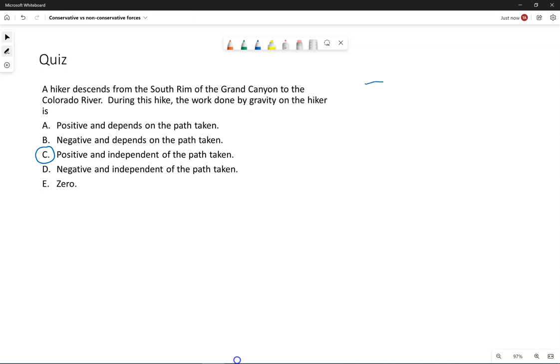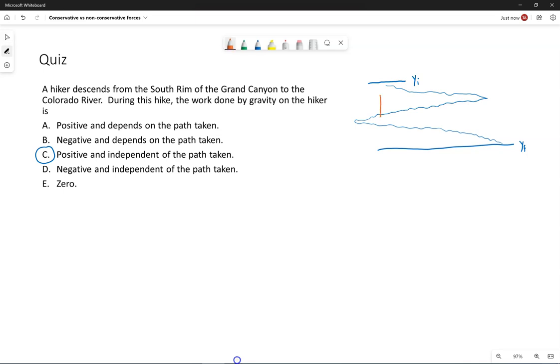So if we imagine the south rim, some initial height, the bottom of the canyon, the river, some final, we know, even if we take a meandering path, which of course is what we would want to do if we're hiking, delta S would be along that path.